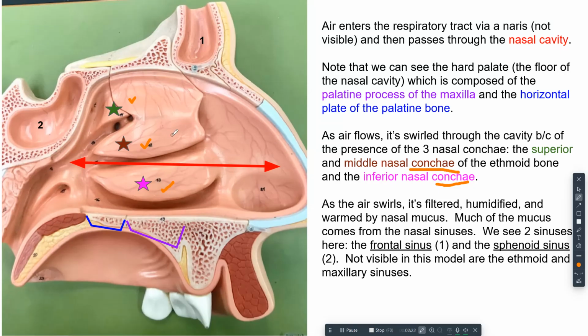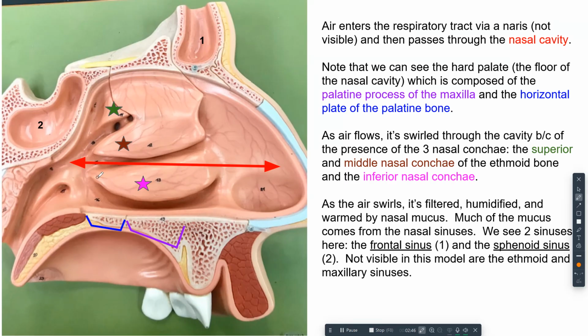They also give us some more surface area as well. The guy with the green star on him, this is the superior nasal concha. This is the middle nasal concha with the brown star. And these two conchae are part of the ethmoid bone. So the superior and middle nasal conchae, they belong to the ethmoid bone.